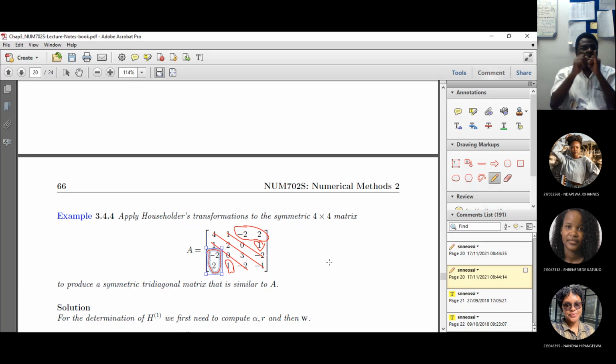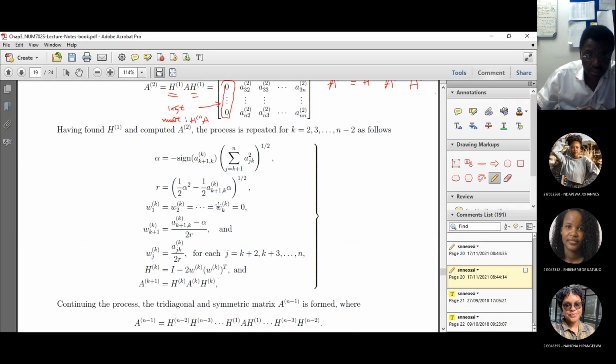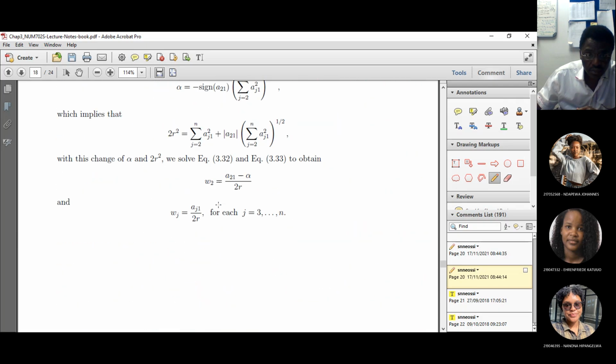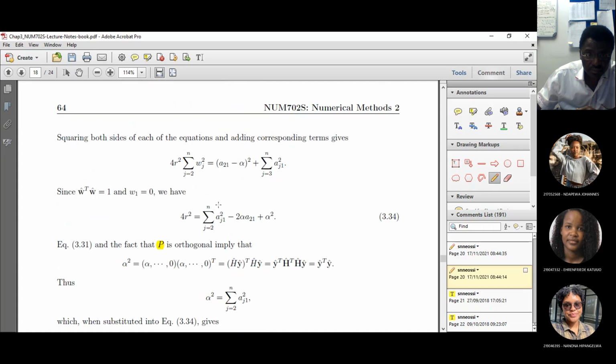To compute A1, we need H1, and to compute A2, we need H2, as we can see here in the algorithm.